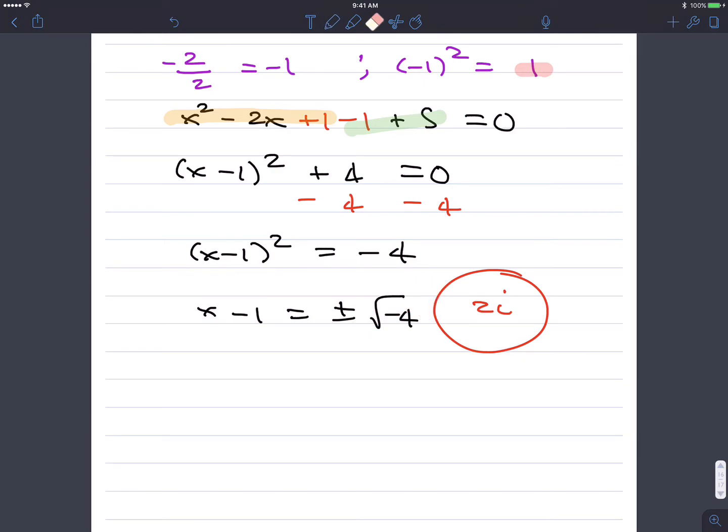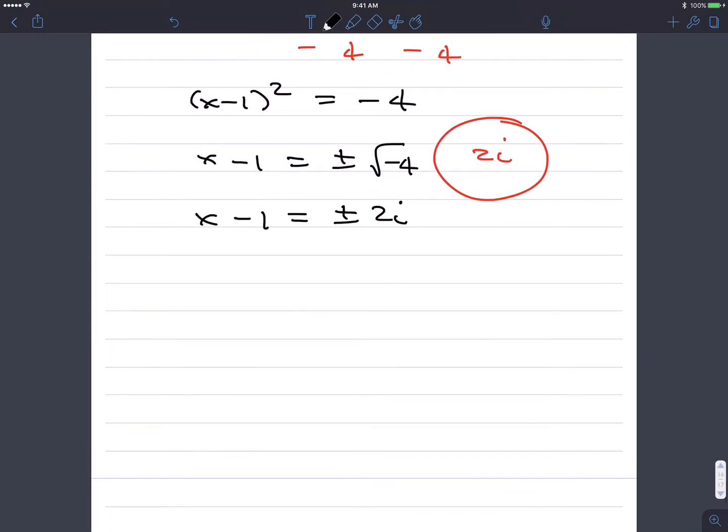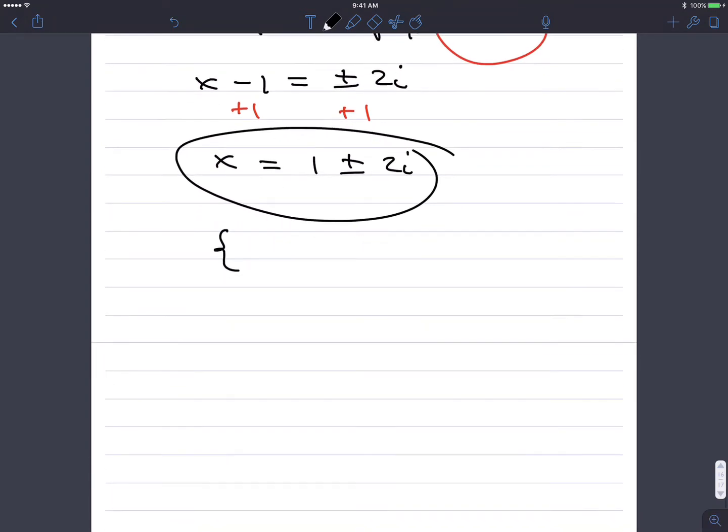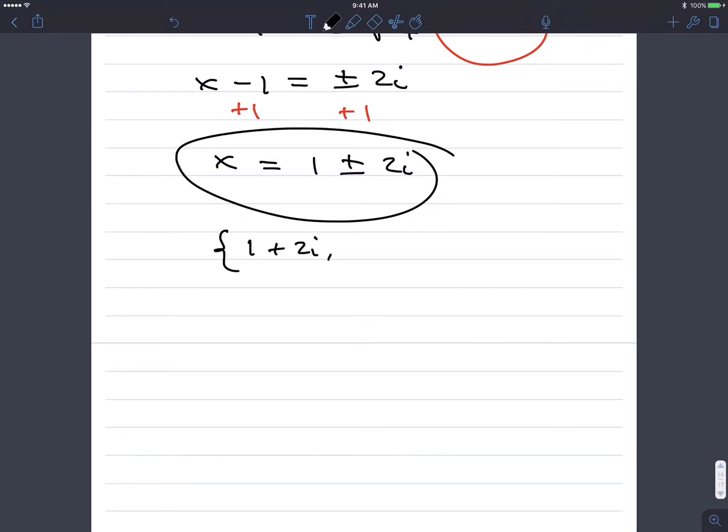Okay? Square root of negative 4 is 2i. So I get x minus 1 is plus or minus 2i. I'm almost done solving for x. You're going to add 1 to both sides. X is 1 plus or minus 2i. Here's my solution. In set notation, I get 1 plus 2i, and I get 1 minus 2i.